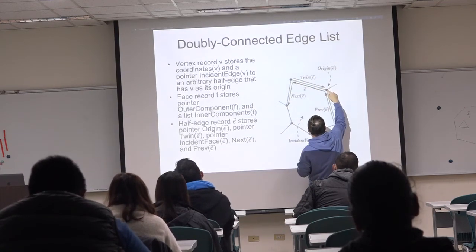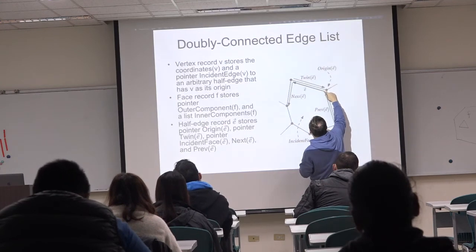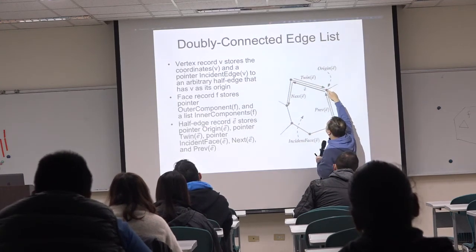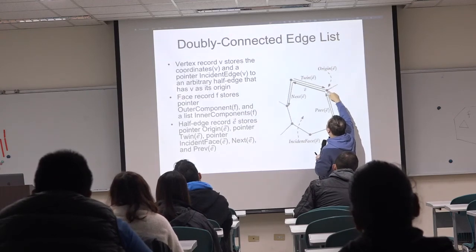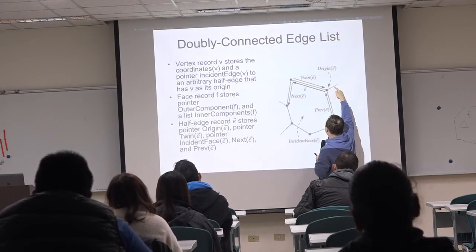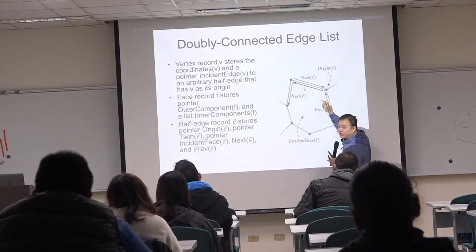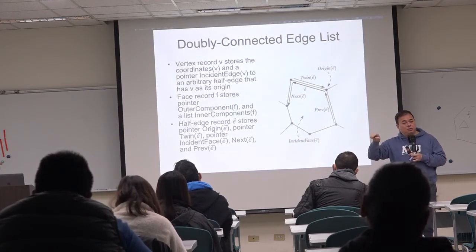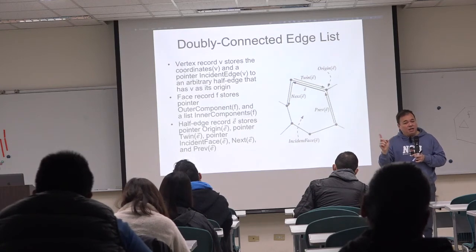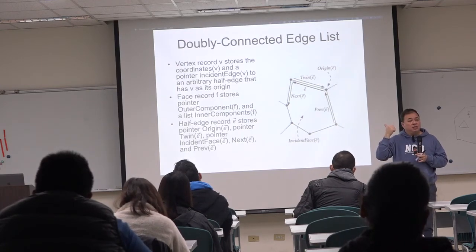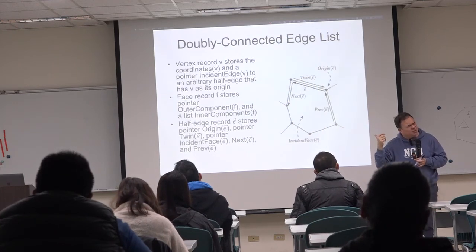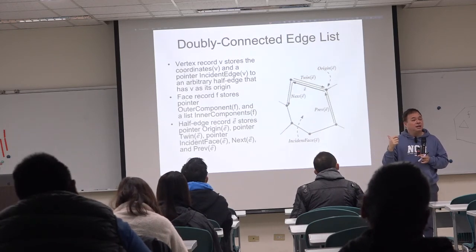If we want to access this one, how do we do that? We use the twin, the next of the twin. So we will get this one. And then we again use the next of the twin, we will get this one, right? So we are able to go to different half edges that originate from this vertex, right?